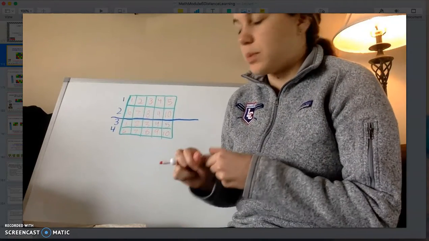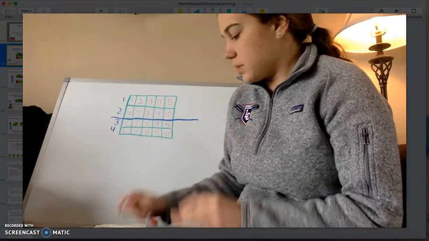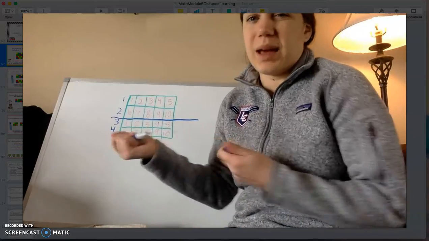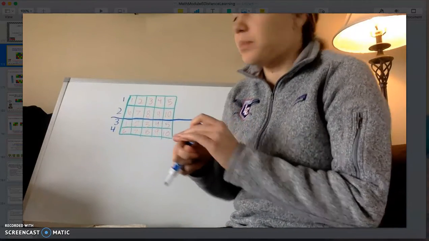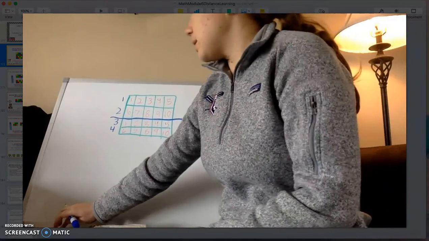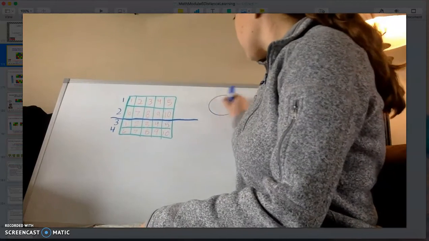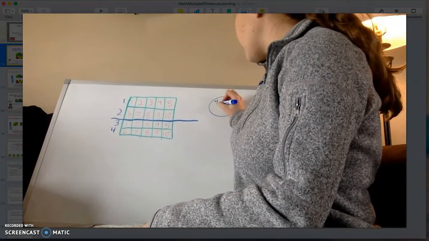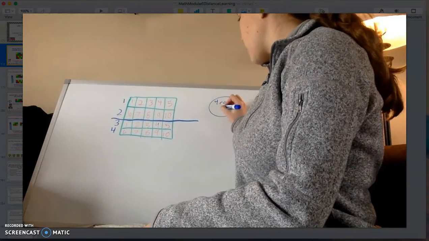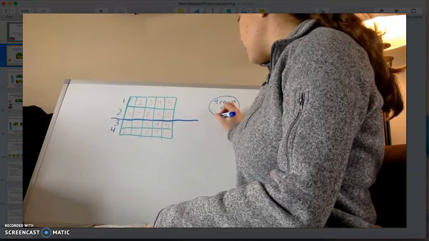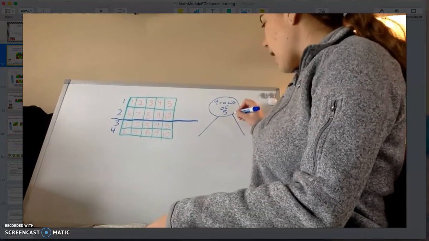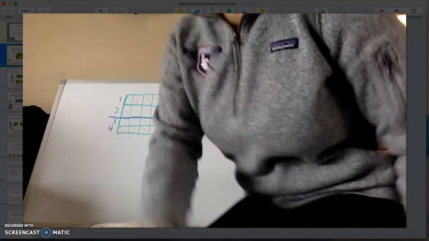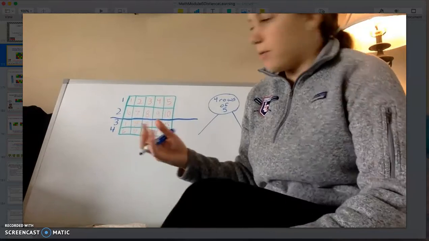So now they want us to put this in a number bond. So it might seem a little weird because we haven't really done it like that before. But in our number bond, it says 4 rows of 5. So now we broke that rectangle up. And what do we have?